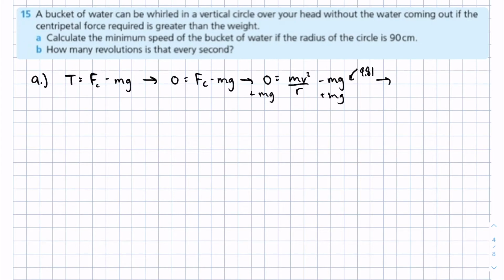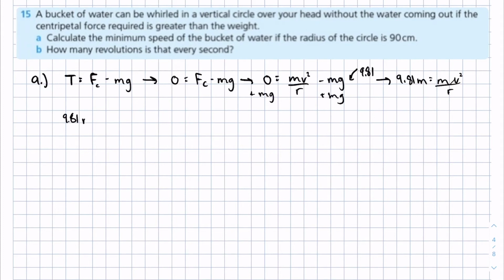So then this becomes 9.81 m equals mv squared over r.